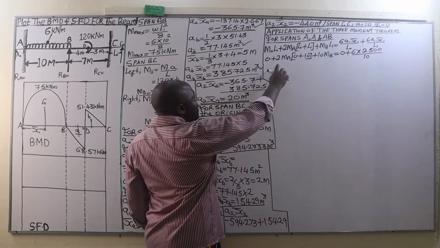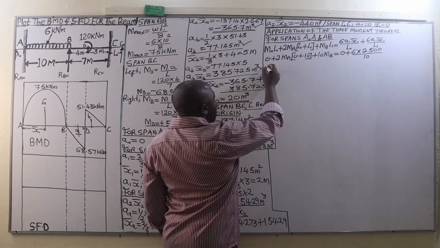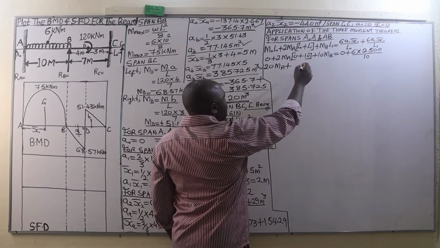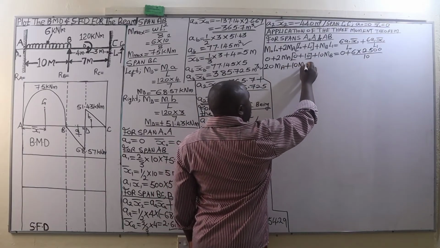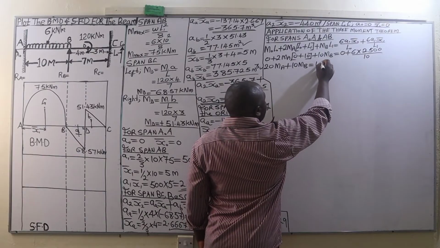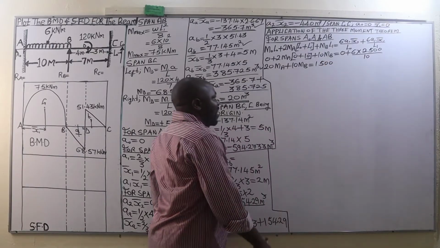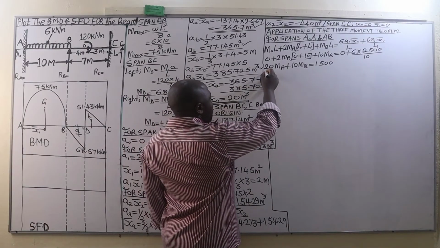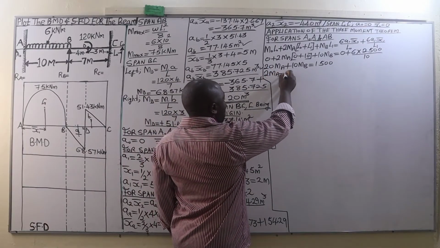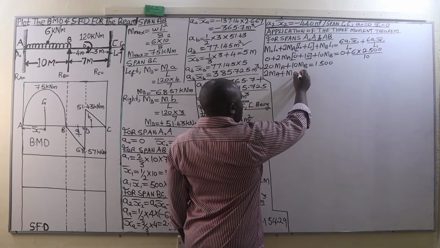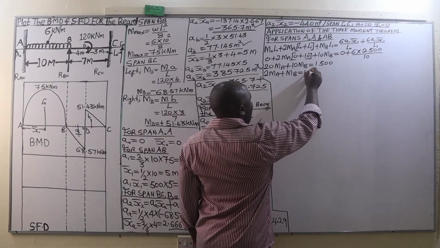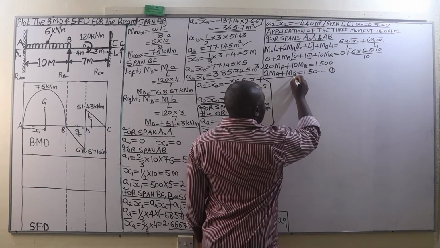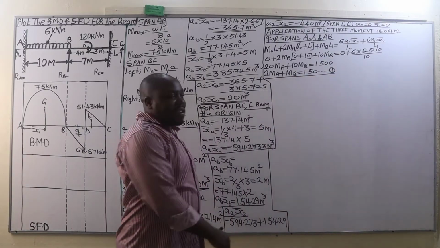So this is going to give us 2 times 10, that is 20. So we got 20 MA plus 10 MB equals 1500. Then we divide through by 10, and we have 2 MA plus MB equal to 150. And that's going to be our equation 1.